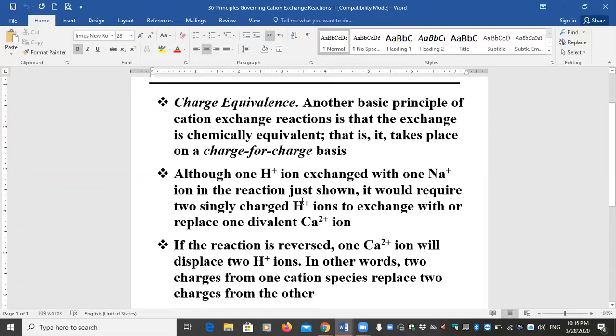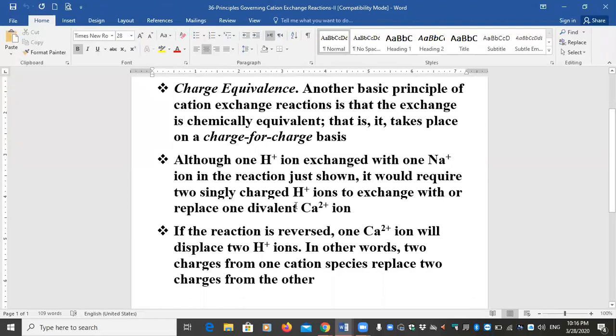So you need two hydrogen to give you two positive charges to replace calcium. So this is what we mean, charge for charge, two charges to replace two charges. If one cation carries these two charges, then you need two monovalent cations to replace that same cation.